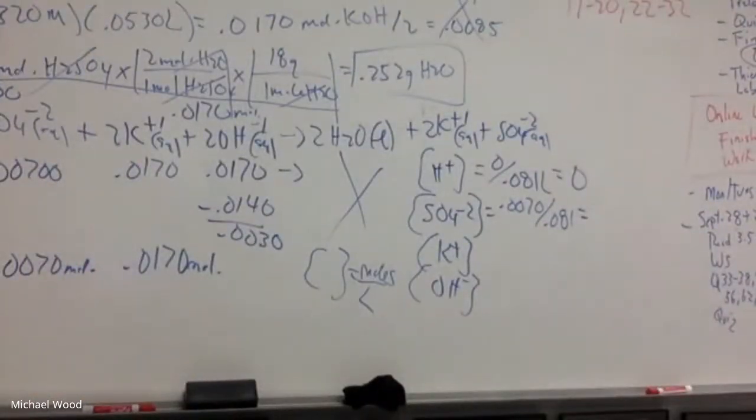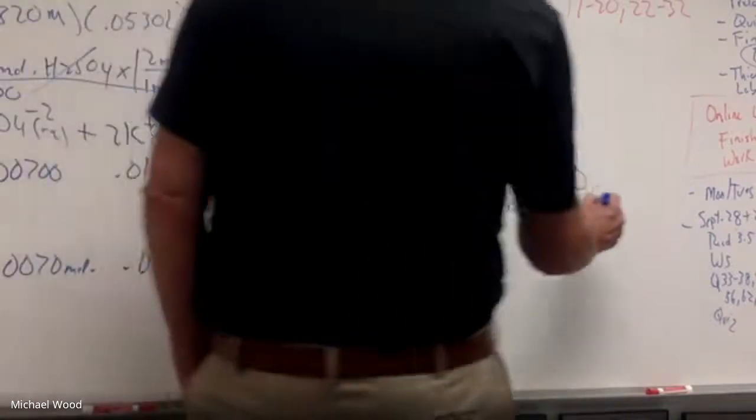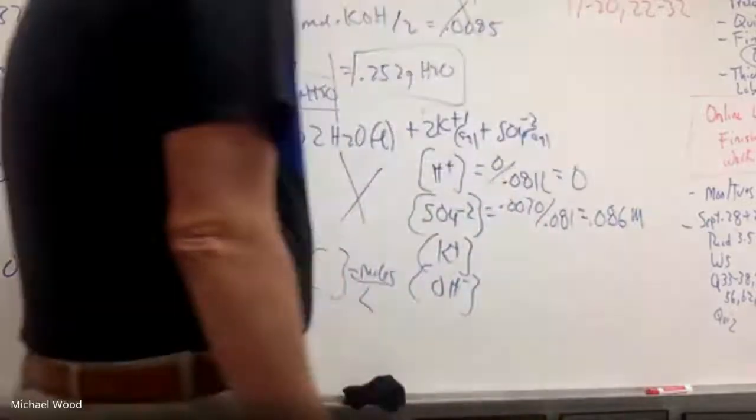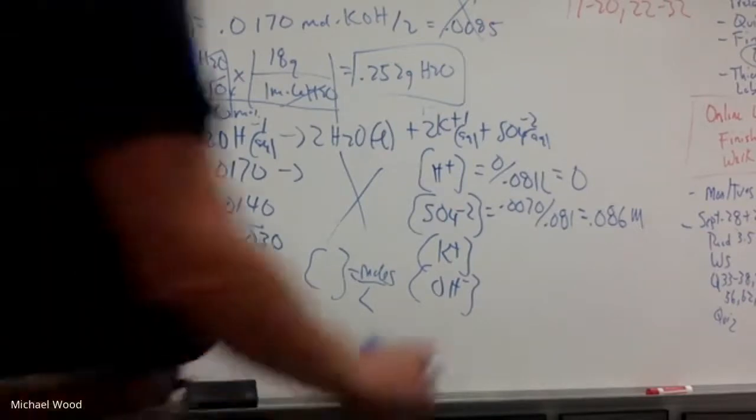So 0.007 divided by 0.081 gives me 0.086, and capital N for molarity. I'm looking at this for my sig figs. I think I should have 3, so 0.0864.